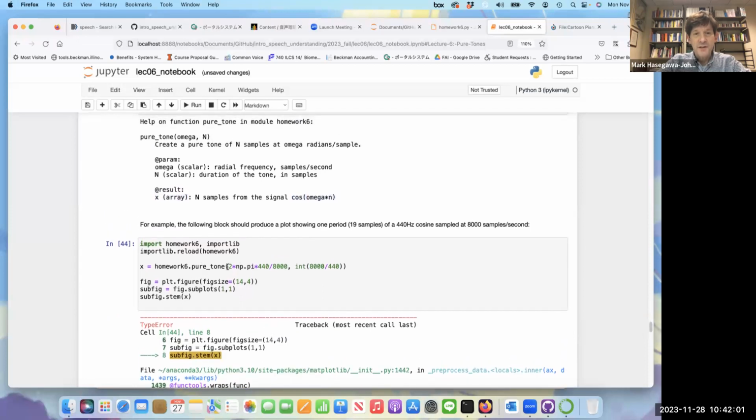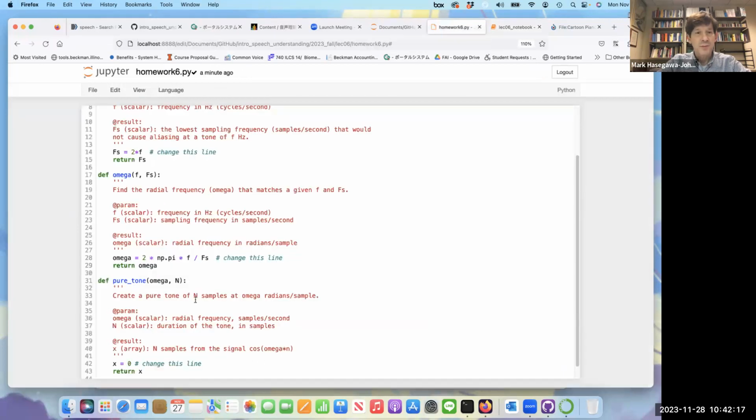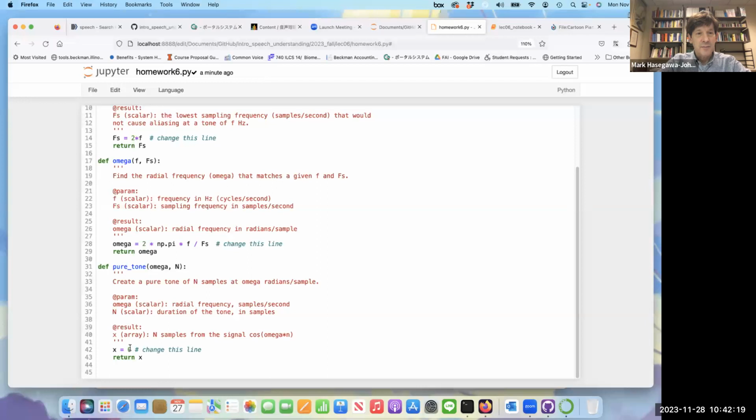But what I want is to create a cosine which has a frequency of 440 hertz, and I want only one cycle of that cosine, only 1/440th of a second. And so I should be able to go here and say that n is equal to np.arange of capital N, and then x is equal to np.cos of omega times little n.